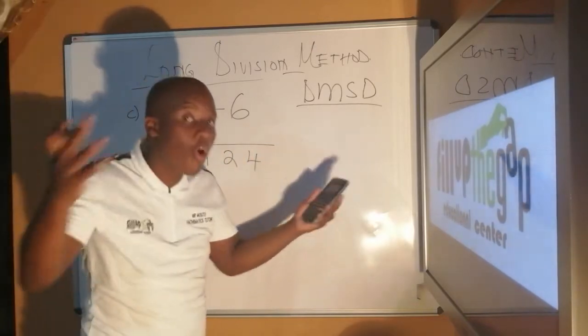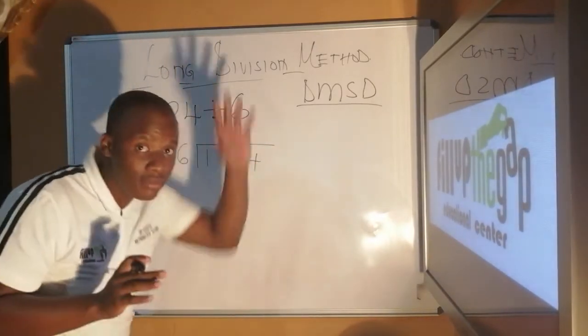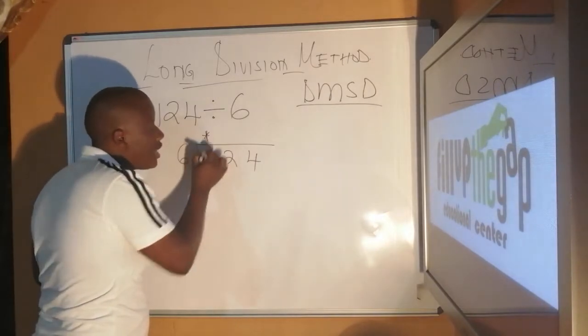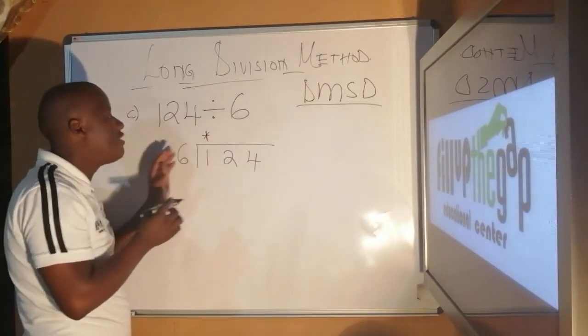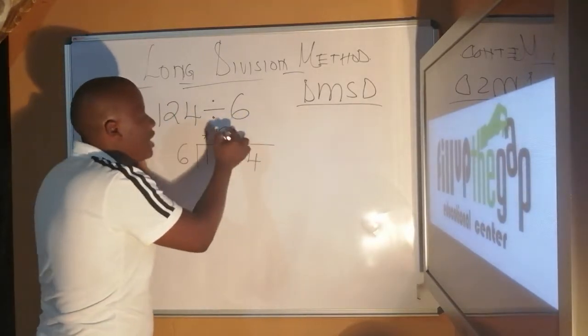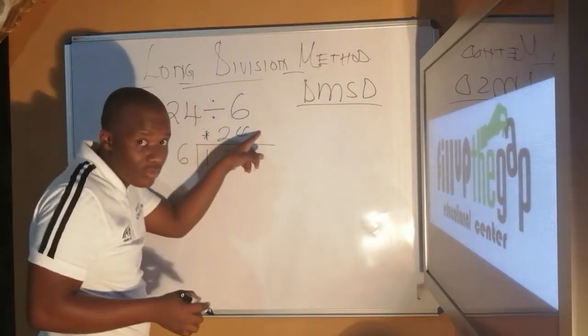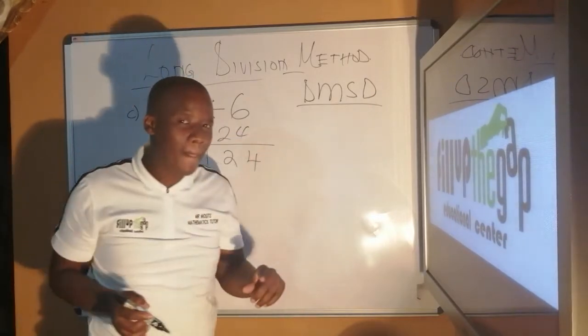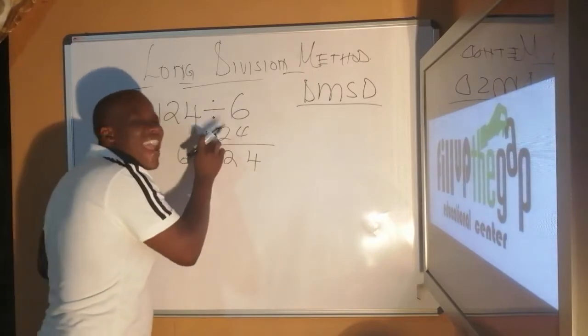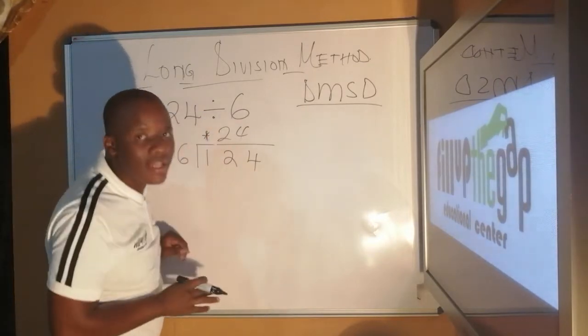0, comma. So what did I say? I said if it gives you 0 at the beginning, you don't write anything. But if it gives you 0 after you have written something, you write that 0. I hope I'm making sense. Let me repeat: if it gives you 0 at the beginning, you don't write it.